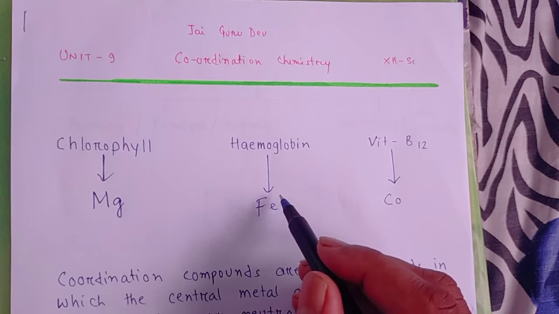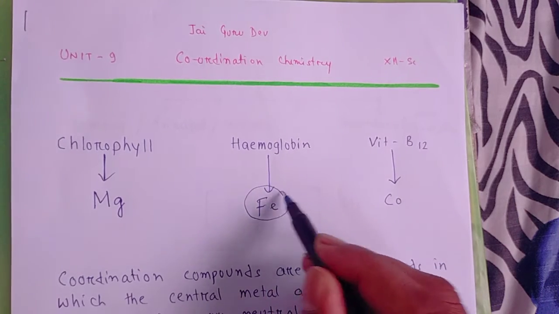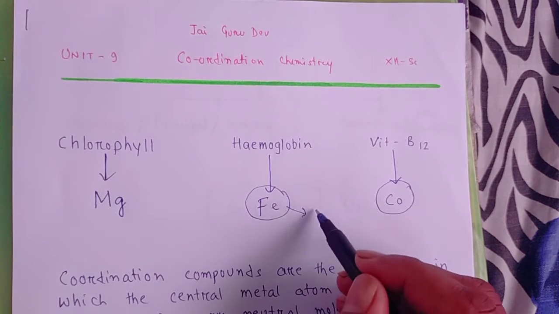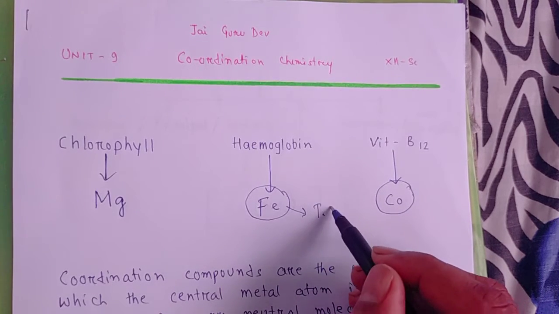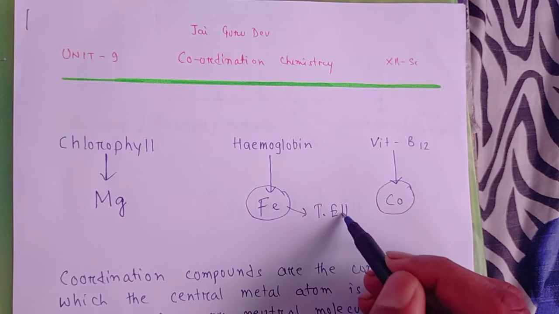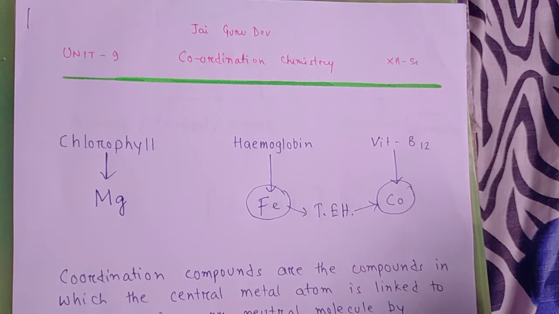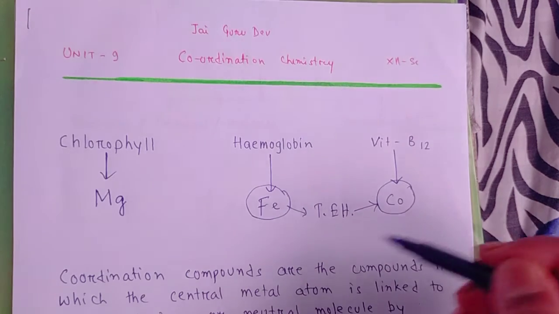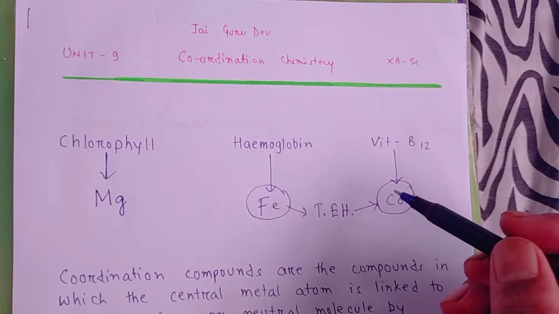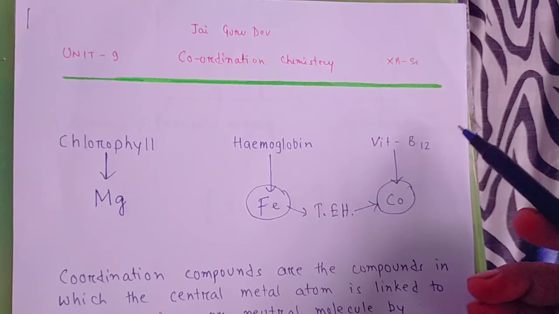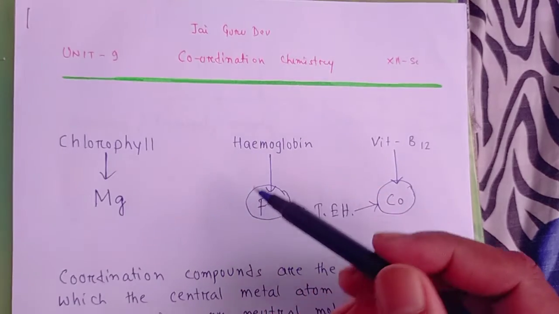So in most of the important compounds, the central metal is a transition element. Clear? These are complexes: iron in the center for hemoglobin and vitamin B12, magnesium in the center for chlorophyll.